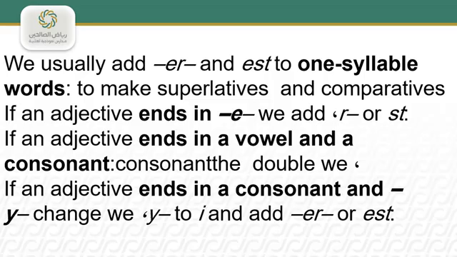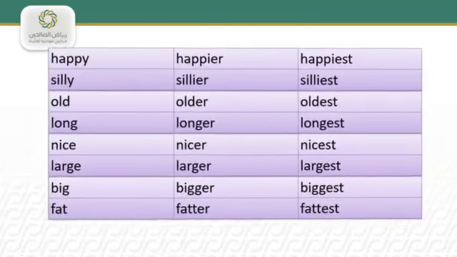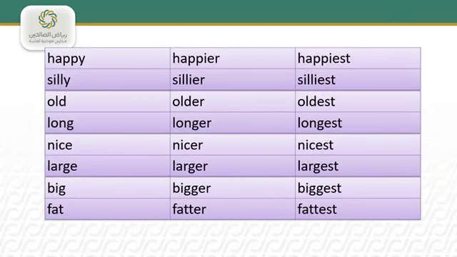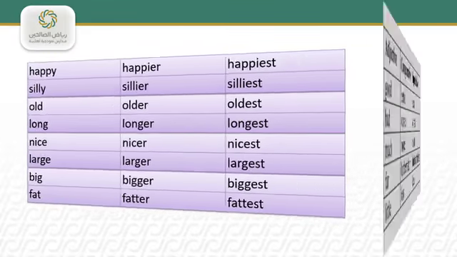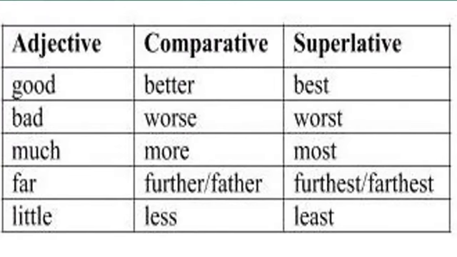If an adjective ends in a consonant and y, change y to i and add er or est. We have here some examples: happy, happier, happiest, silly, old, long, nice, large, big, and fat.